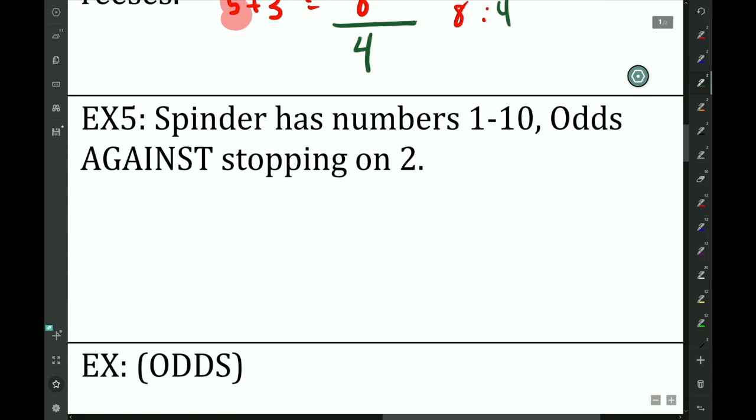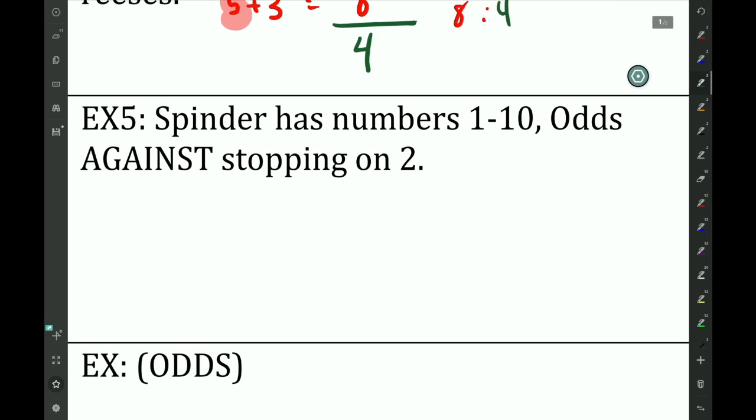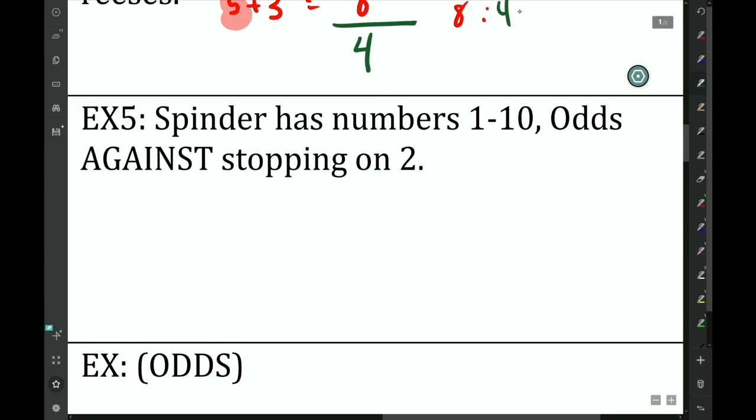Spinner has numbers 1 through 10, odds against, again, stopping on a 2. Stopping on a 2 is essentially what we are looking at happening. So odds against means we have one thing down below, a 2.